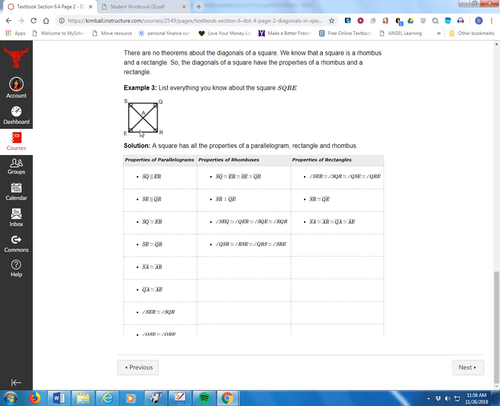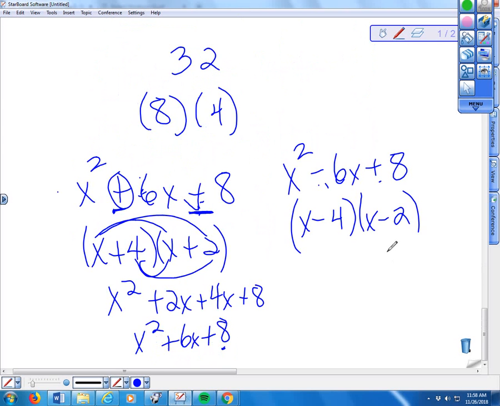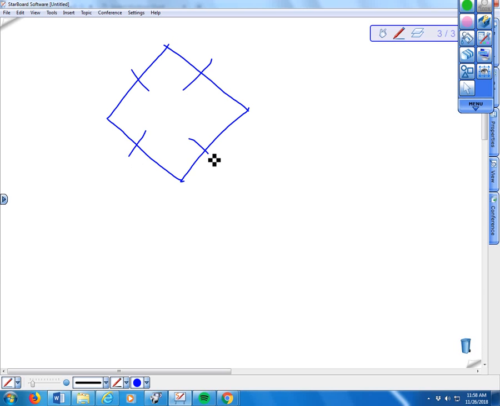Okay, so if I were to draw a rhombus, these are all equal. So it almost looks like a square. What's the difference? That's not just turned. What else is missing?